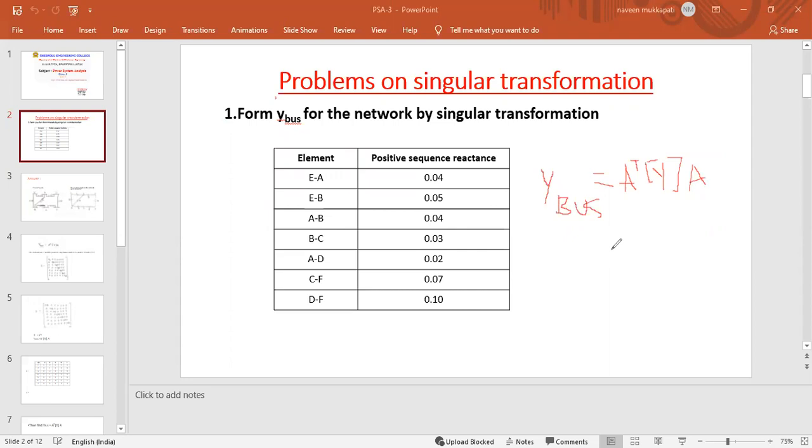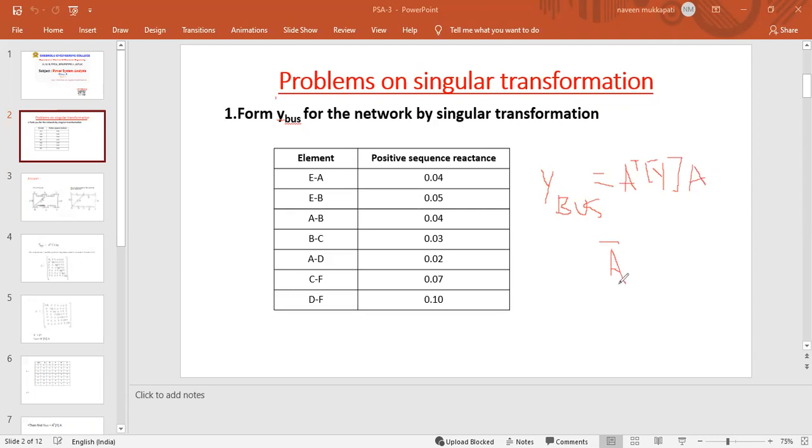First we determine the A bar matrix by using this table. A bar means the element node incidence matrix. By using this element node incidence matrix, we determine the bus incidence matrix.